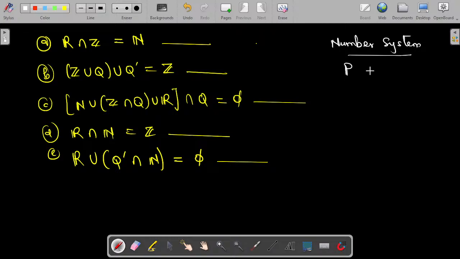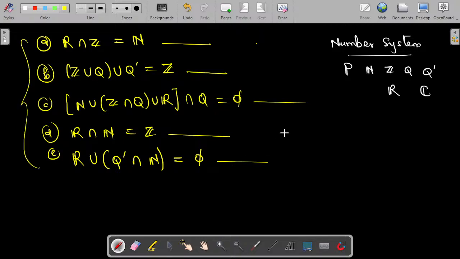Then you have your natural numbers, your integers, your rational numbers, irrational numbers, your R, which is real numbers, and your C, which is the complex numbers. One of the things we saw is a relationship between these types of numbers, and it is those relationships that will help you answer questions like this.